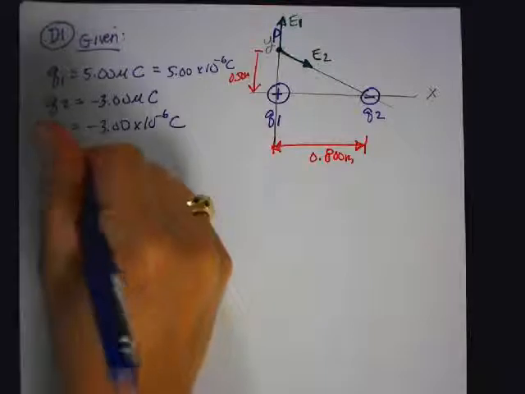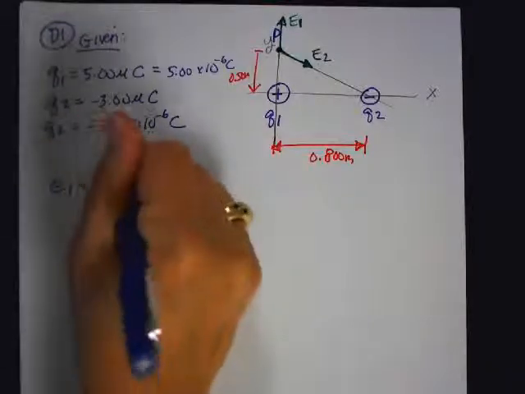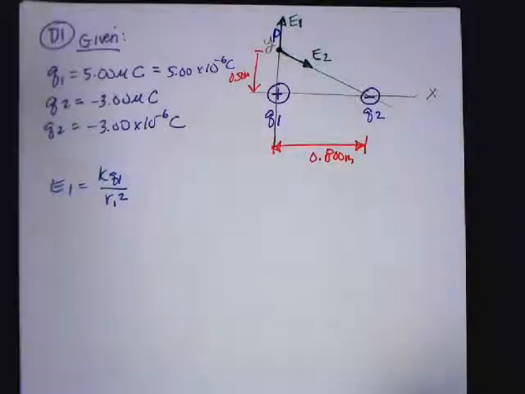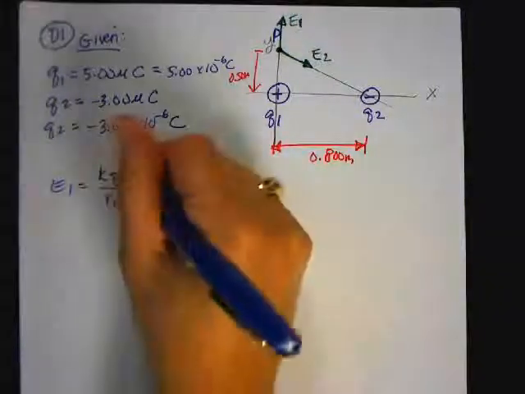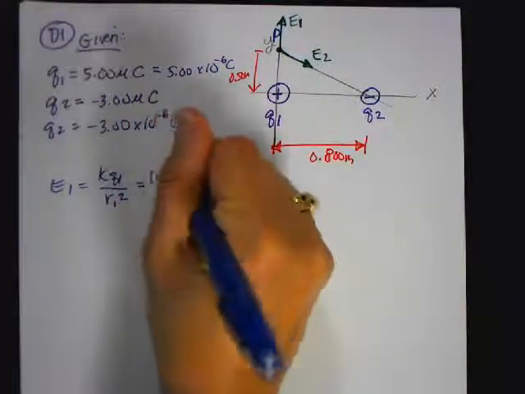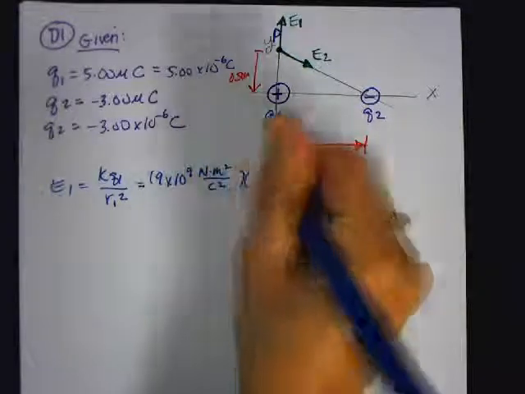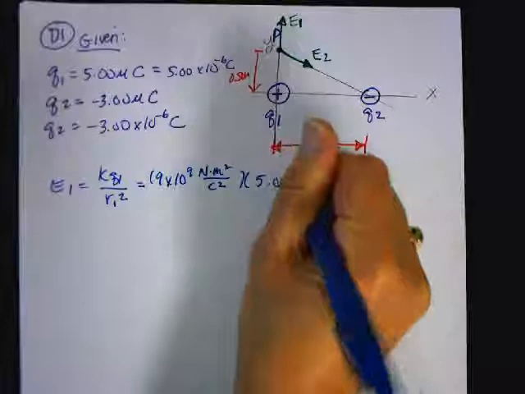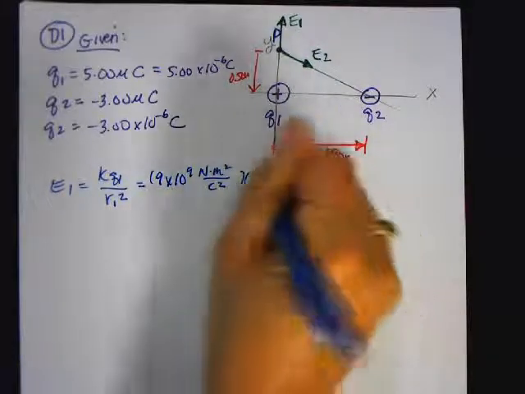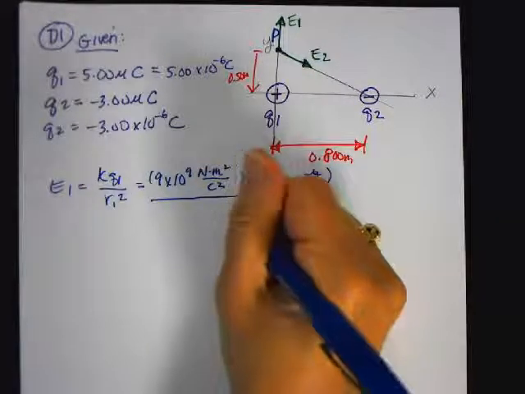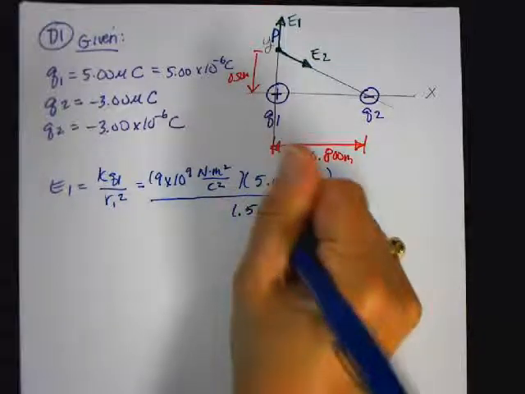So E1 is going to be k Q1 over R1 squared. So that's going to be 9 times 10 to the 9 newton meter squared per coulomb squared times 5 times 10 to the negative 6 coulombs divided by 0.5 meters squared.